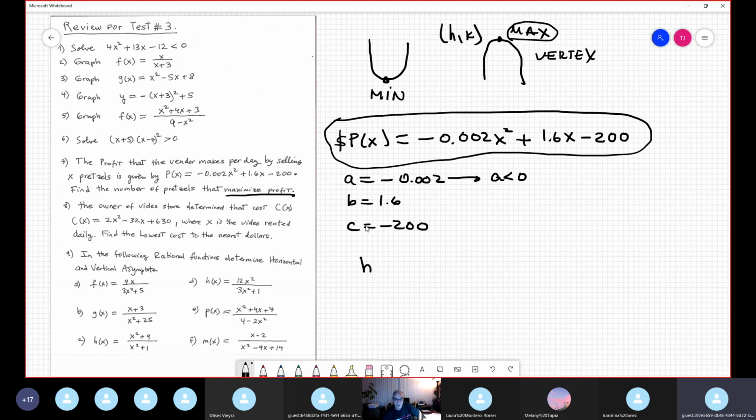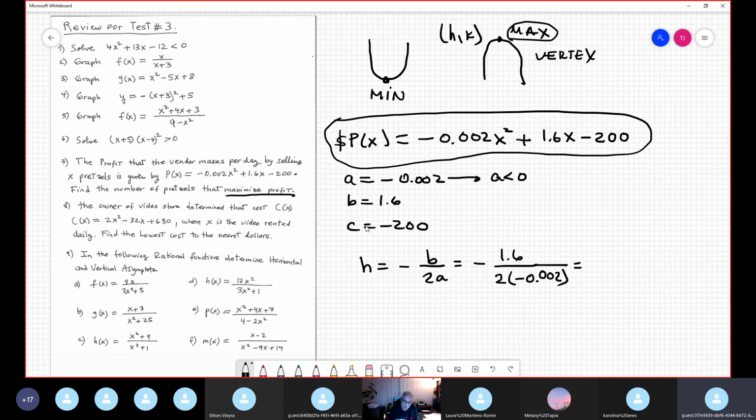And the formula for the h is minus B over 2A. Okay, entonces minus B is 1.6, divided by 2 times A, where A is negative 0.002. And you put it in a calculator. But okay, before you put it in a calculator, you analyze that you have 2 negatives, and double negative is positive. And the answer is positive and makes sense, because the bracelets have no sense to be negative.